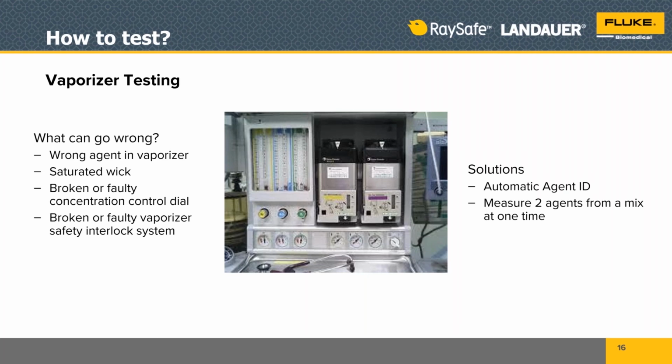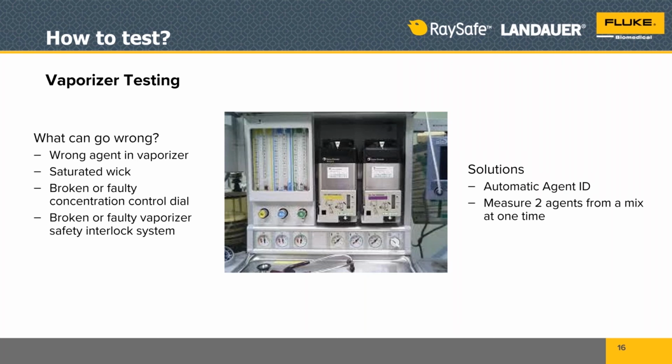Yeah, and some things to note on that, with the agent identification, depending on what device you're using, you might have to tell it what to look for, and you might get no results because it's not finding that agent. The vaporizer might be misfilled, right, or non-operational.